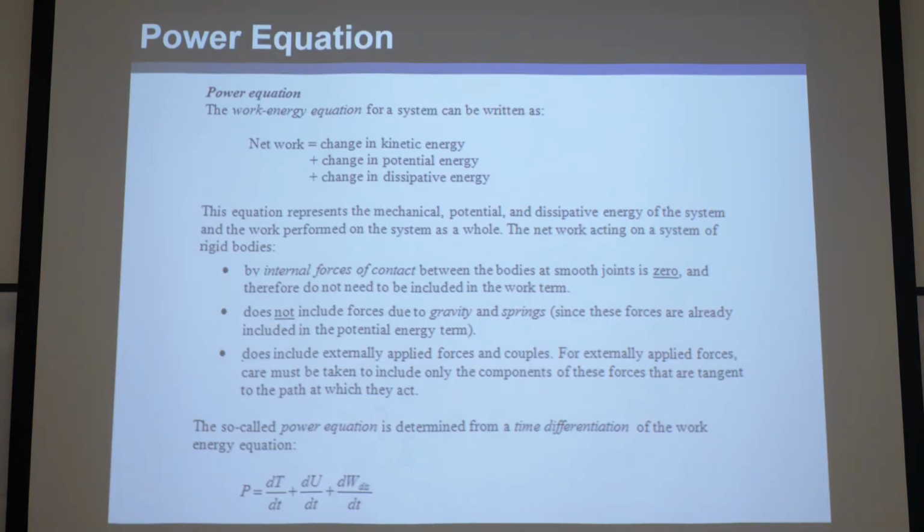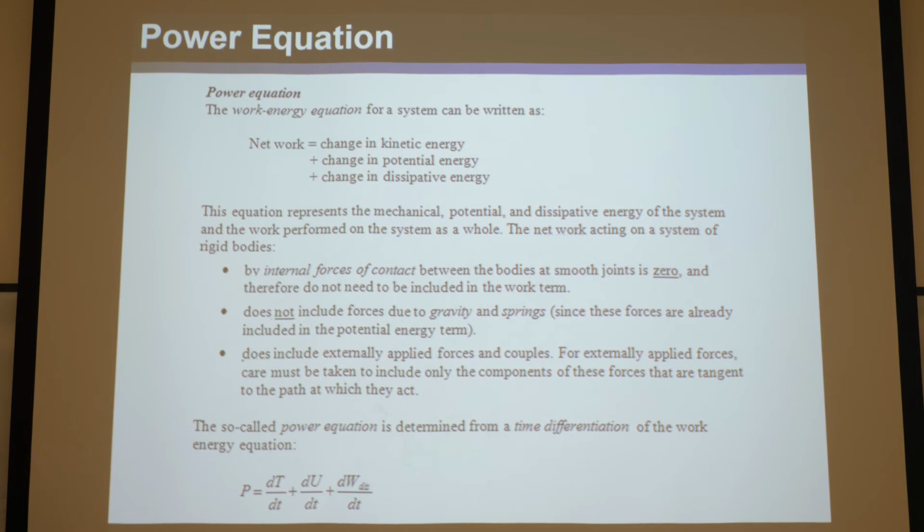Before I introduce the power equation, let's talk a little bit about the work-energy equation, which is essentially the net work, meaning basically the work done by external forces and moments. Say I load it externally. Say I take a mechanism and I put forces on the links or moments on the links, or maybe there's an output load that the mechanism is doing to something else.